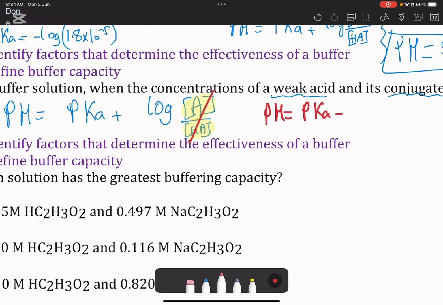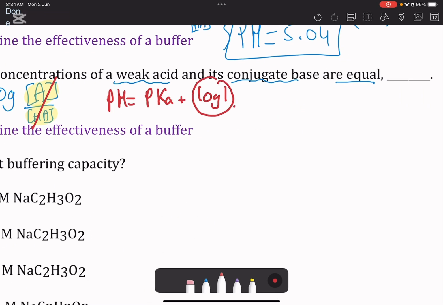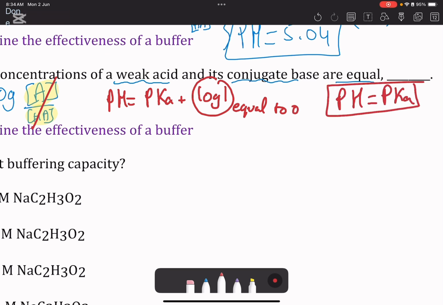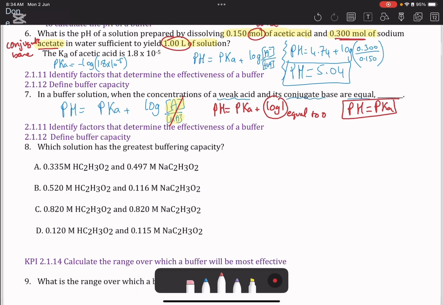So pH equals pKa plus log 1. If you do log 1 in your calculator, that is equal to 0. Therefore, pH will be equal to pKa. And we call this the half-equivalence point, by the way, on the titration curve.